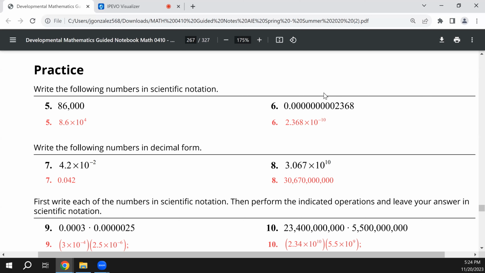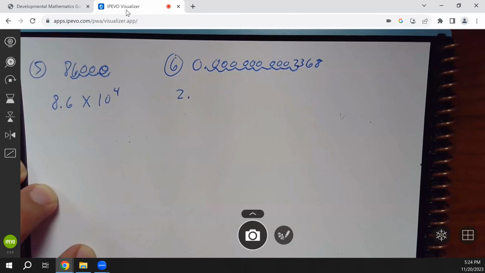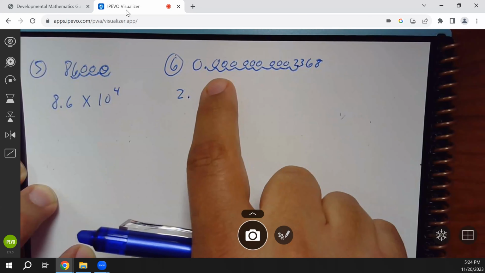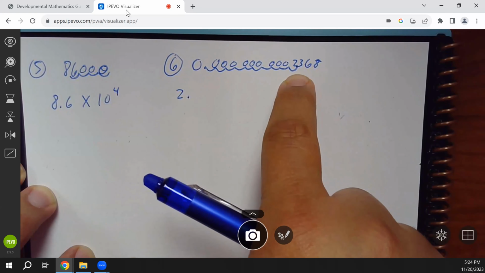Okay. So I need to move this. 2, 3, 4, 5, 6, 7, 8, 9, 10. This is 2 point, oops, sorry. All the way until you get to the 2. That's 10 spots.